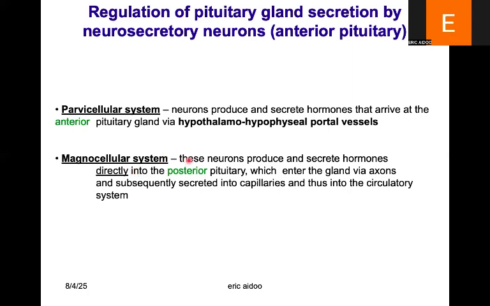The axons of those nuclei will send them directly there. But eventually, when they send them to the posterior pituitary, the hormone will end up in capillaries and then be sent into circulation.